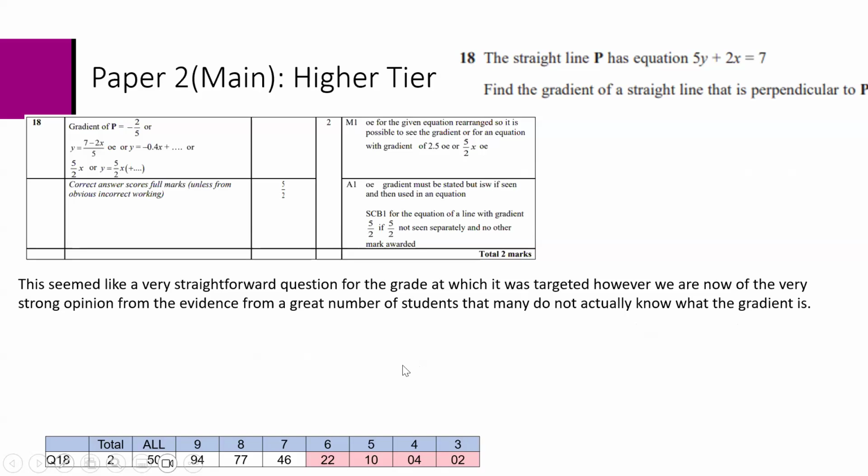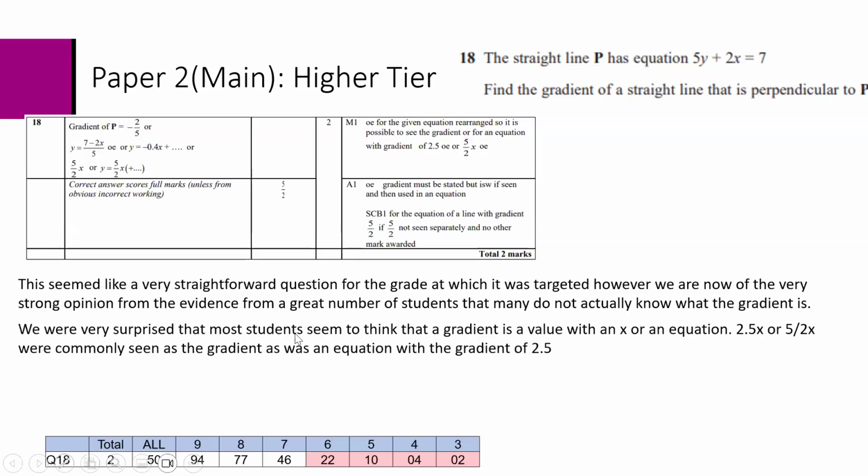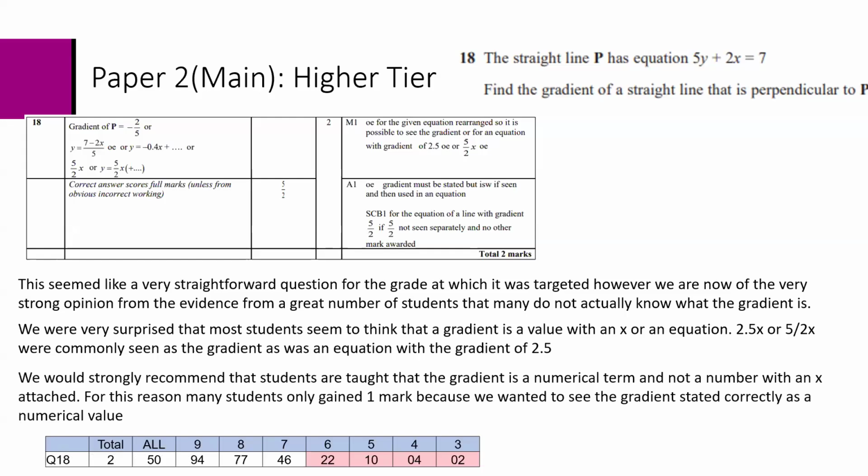However, we are now of a very strong opinion, from the evidence from a great number of students, that many do not actually know what the gradient is. We were very surprised that most students seem to think that the gradient is a value with an x or an equation, 2.5x, 5 over 2x. We commonly saw the gradient given as the equation with the gradient of 2.5. Please be practicing gradients with your higher tier students on a regular basis over the next year is my advice.